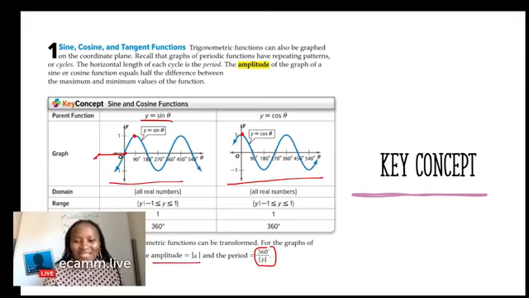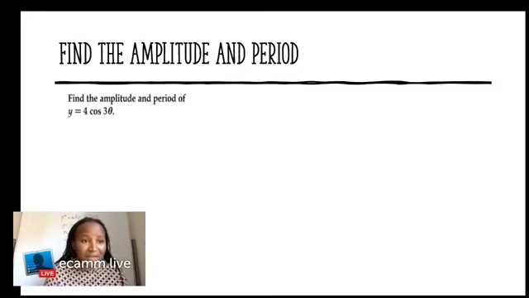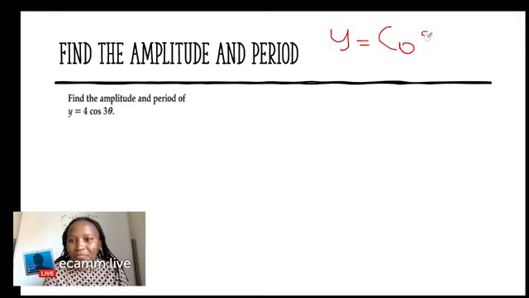All right, let's go ahead and see if we can graph the function. Before I graph this one, I'm going to graph the standard one, which is y is equal to cos theta. If I have this graph, what I have to identify is my amplitude and my period.